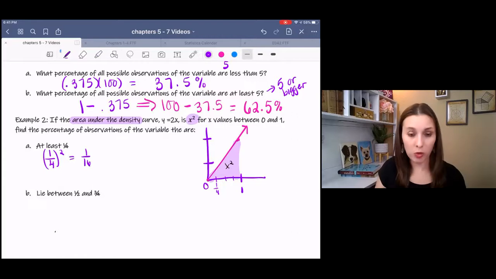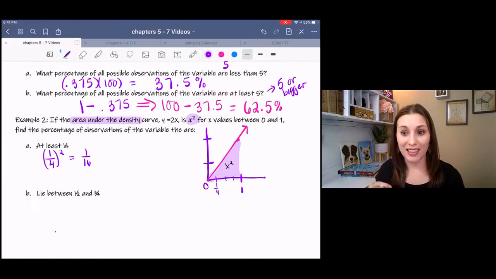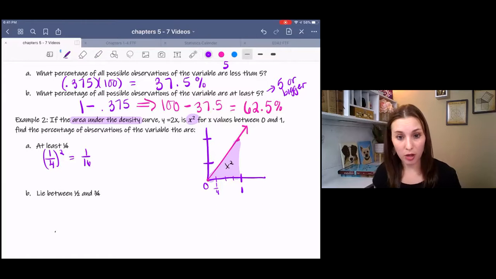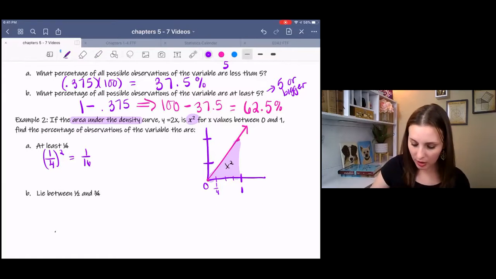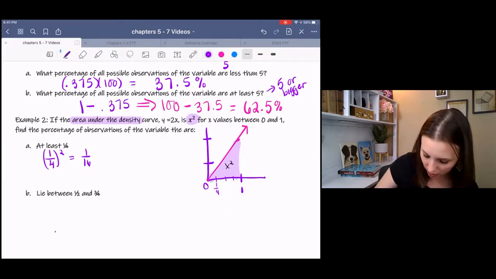To do that, I squared 1 and I squared 4 and I got 1/16. And then it is asking the area or the percentage that is at least a fourth. So what we found is the area that was less than a fourth, so we're looking for its complement, and we get 15/16.